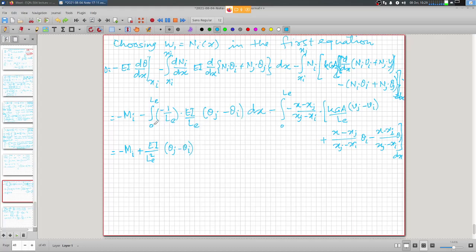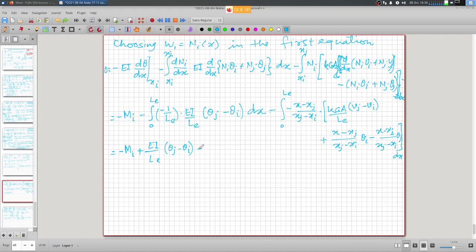And dx integrated over 0 to L, so this is going to be just LE, and this will cancel with this one, so essentially this will just look like LE. That's it. And this term, let us look at it. What do we have here?